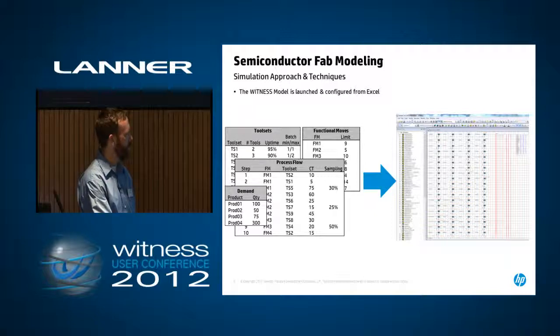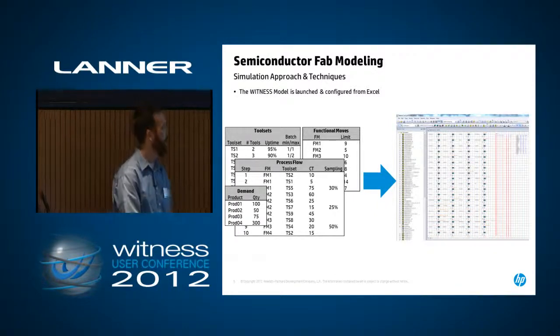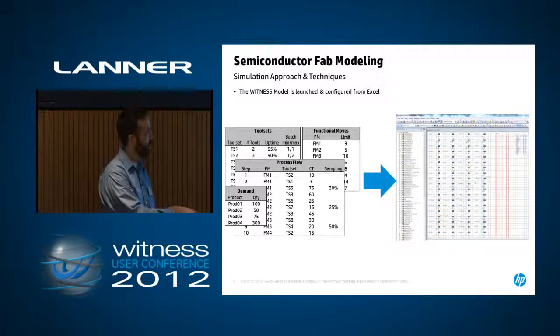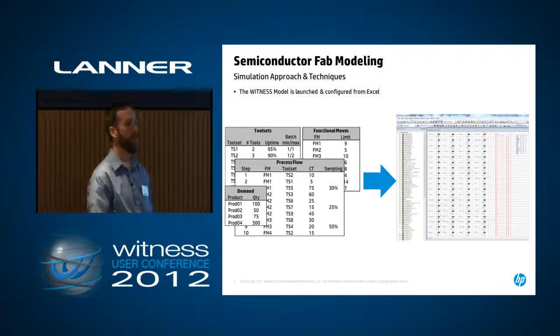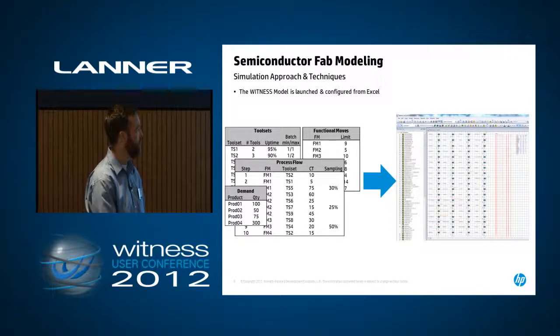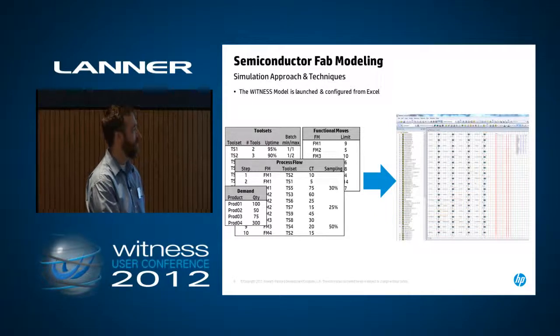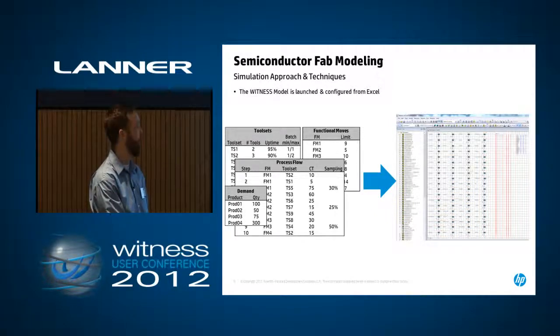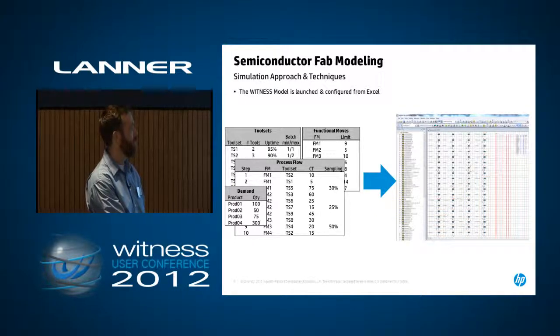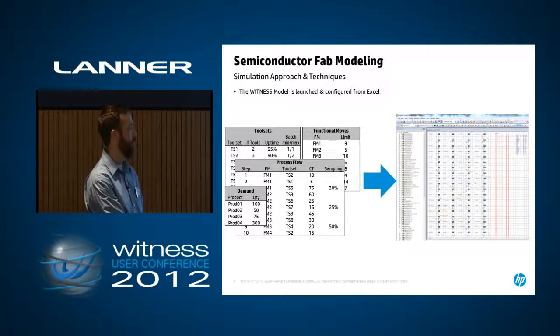Here's all the steps, the functional moves that step is in, the tool sets, cycle times, etc. So I read all of these in at the initialize into some arrays that are then used by the parts as they're running through the model to route. So over on the right, you can see just a field of tool sets. This is not the actual layout. This is just kind of a logical model here. So the parts would start wherever and then just bounce around based on where they need to go.